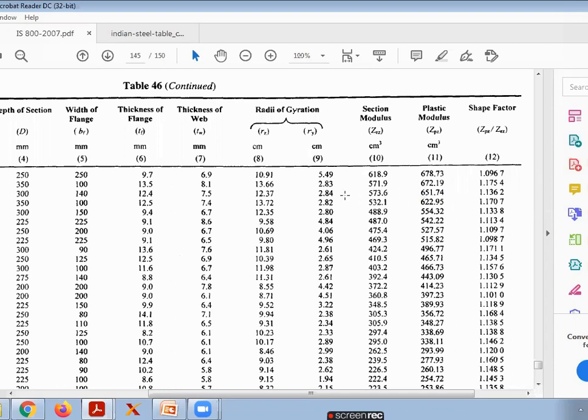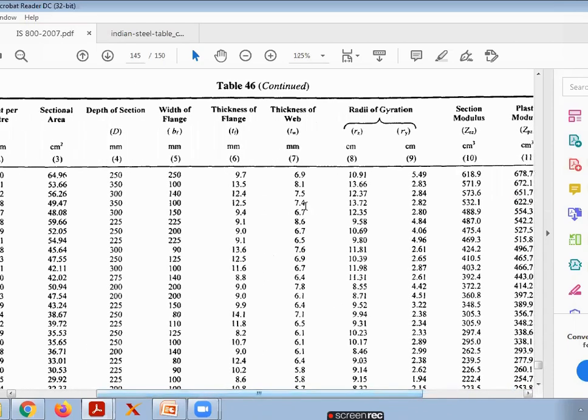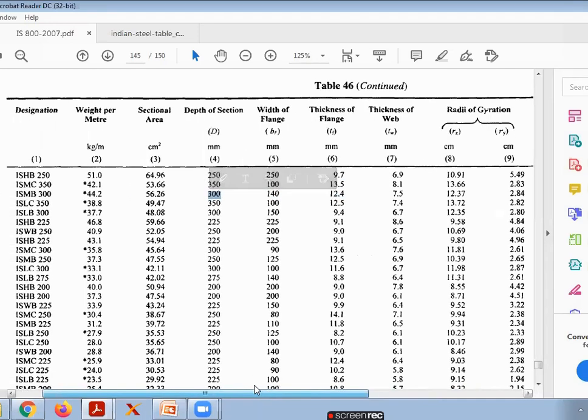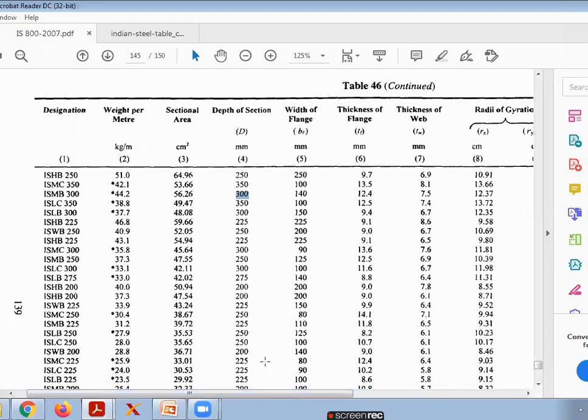Also, the thickness of the web is 7.5, the thickness of the flange is 12.4, the width of the flange is 140 and the depth of the section is 300. All the values we will take from table number 46 of the IS 800 code book.